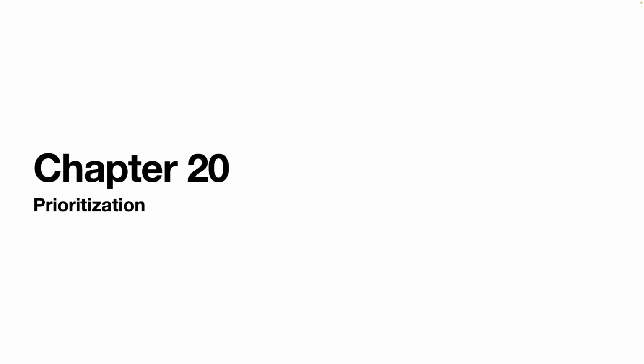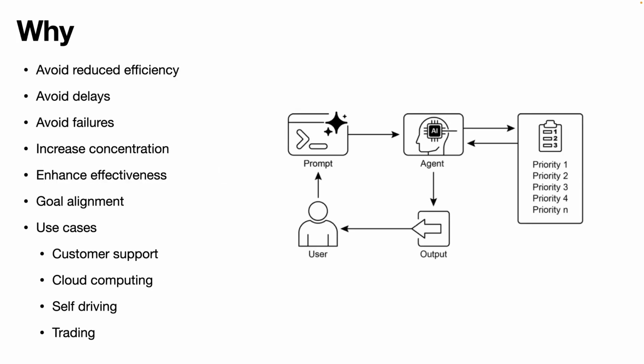All right. Chapter 20 is pretty straightforward. It is about prioritization. If you are building truly autonomous agentic systems, quite often you need some tasks to be executed faster than other tasks, which allows you to avoid delays and improve user experience.